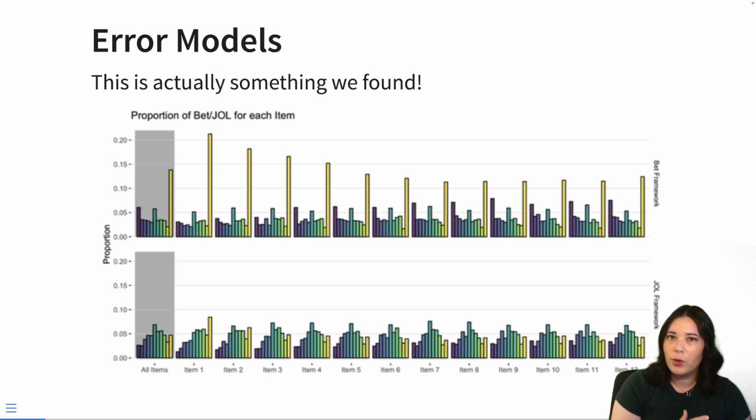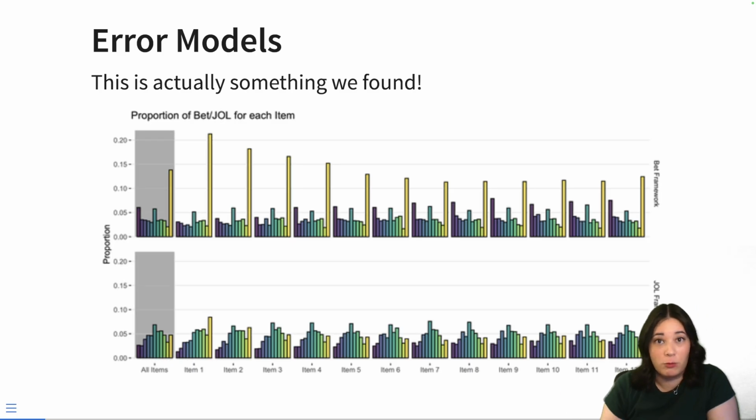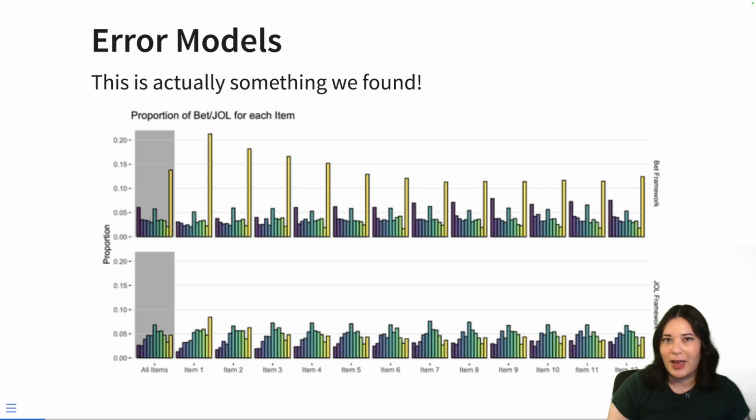And this is really important because if you're just looking for differences in the mean, you might miss really important patterns and you might not model it correctly. And so having models where we can model the variance based on which group you're in, the bet framework or the rating framework, is going to allow you to capture this phenomenon better.